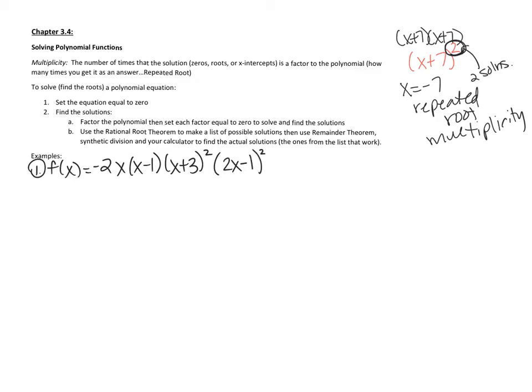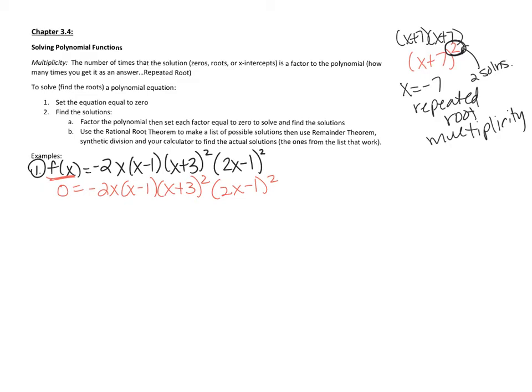All right, so when I look at this function, if I'm trying to solve this polynomial, the first thing I'm going to do is set the equation equal to 0. Remember, the reason we want to do that is because to find a solution is the same thing as finding the x-intercept. And when we find the x-intercept, we set the y value, this f of x, equal to 0. So that's the first thing that we want to do. Now, since it's already in this factored form, the solving is going to be very simple.